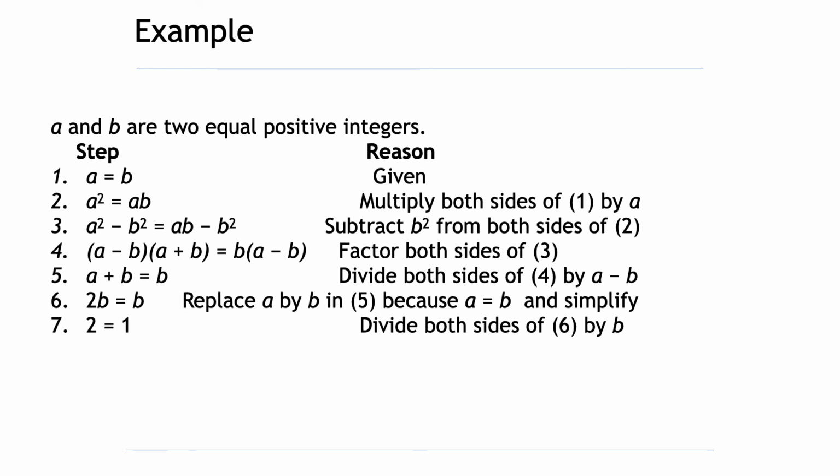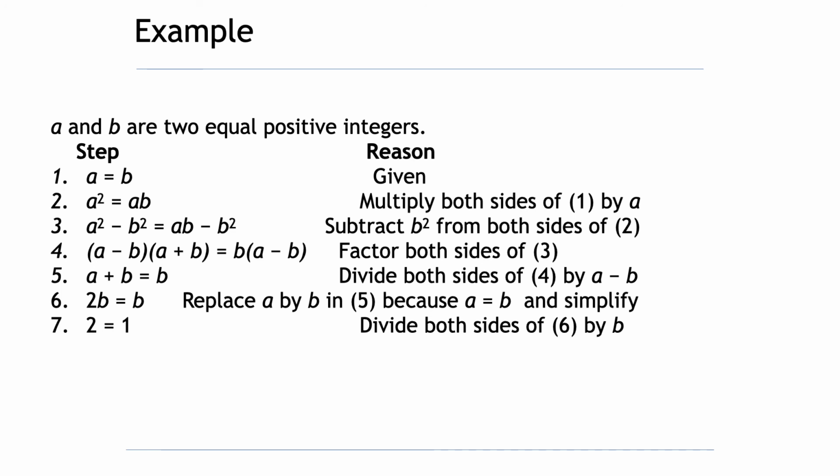The mistake is simple. We find it in step 5, when we divide both sides by A minus B. We cannot do that because A minus B is 0, because A and B are equal. And as you must know, division by 0 is undefined.